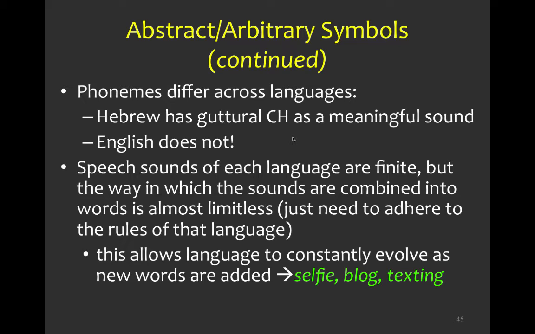Speech sounds of each language are finite, but the way in which the sounds are combined into words is almost limitless. We just need to adhere to the rules of that language. So this allows languages to constantly evolve as new words are added. For example, selfie, blog, and texting.